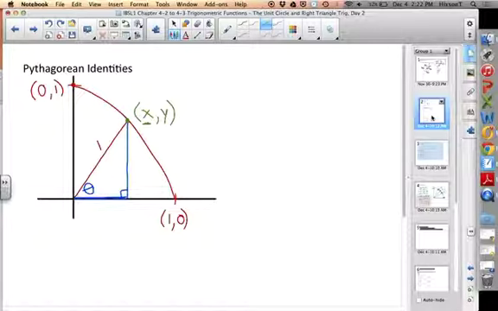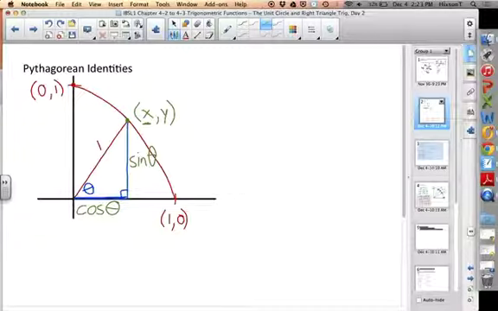Cosine theta. Because that's x, we know, and cosine of theta would be x, the adjacent side, over 1. So that x length is going to be the cosine of the angle. So the cosine is the adjacent side and the sine is the opposite? Yeah. This opposite side here is the sine.